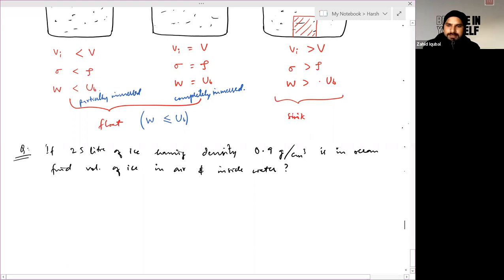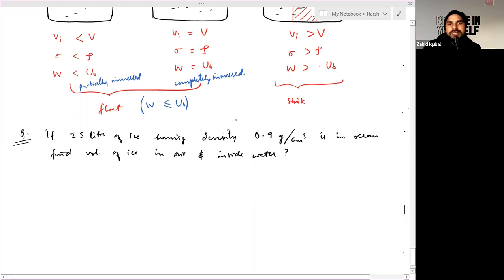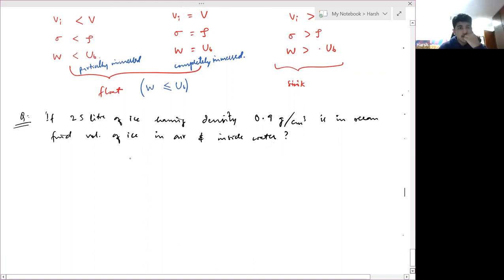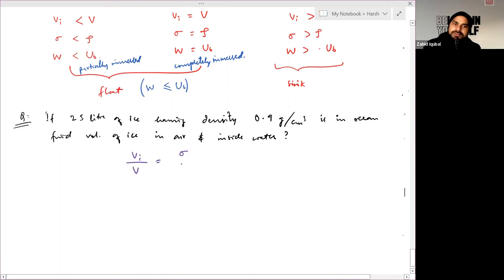So how to calculate? You will say this will be the case of floating condition. Ice will tend to float since it has density less than water. Is it clear? Yeah. So we can say volume of object immersed by total volume must equal sigma by rho.